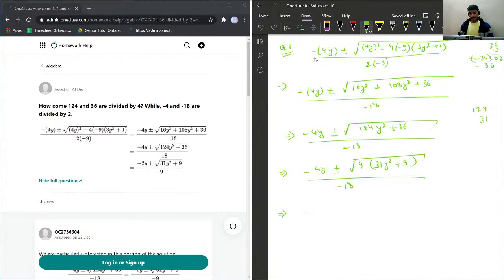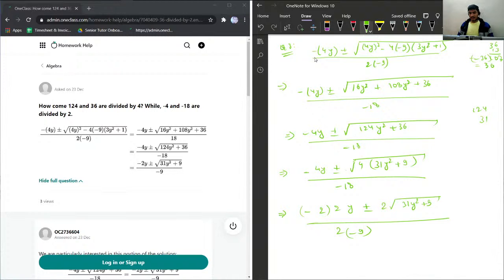So I will write this 2y plus minus, this will be negative 9. Now this square root of 4 can be written as 2, so I can take this 4 outside and it will become 2, and my square root term will be 31y square plus 9.